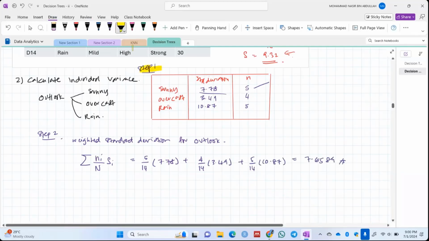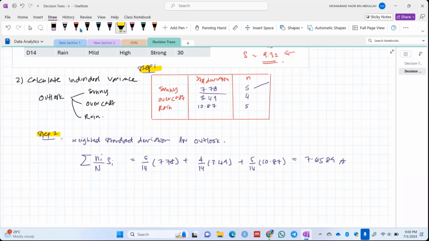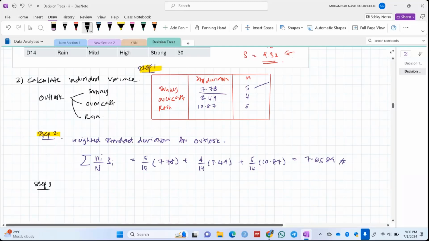Step number 1 is calculate the standard deviation for each category. Step number 2, we calculate the weighted standard deviation. Step number 3, we need to calculate the standard deviation reduction. Standard deviation reduction is based on overall standard deviation minus weighted standard deviation.